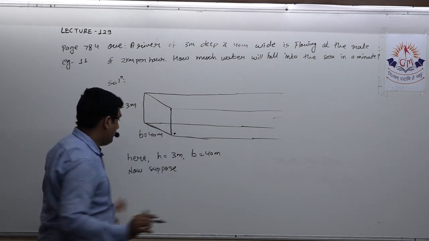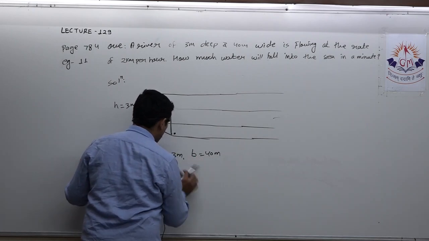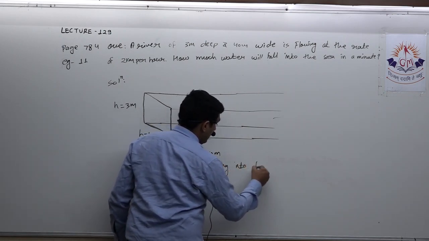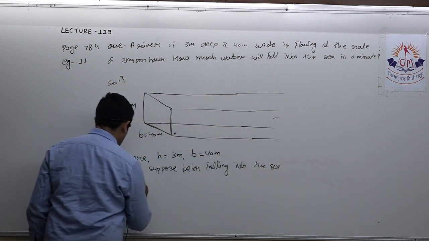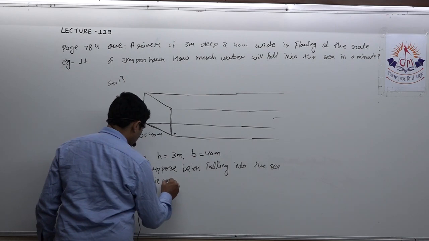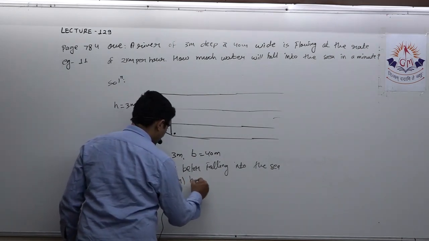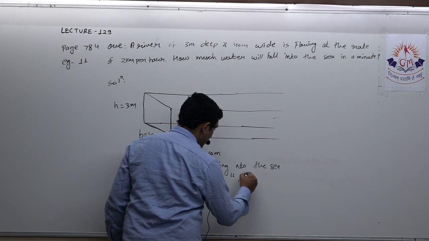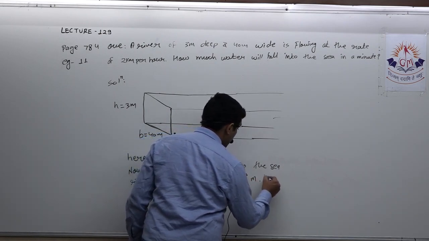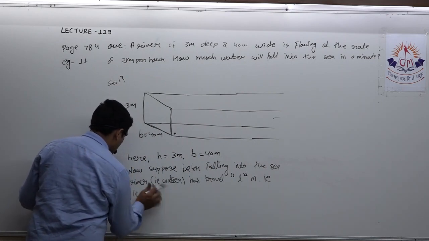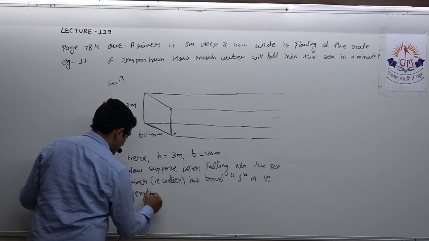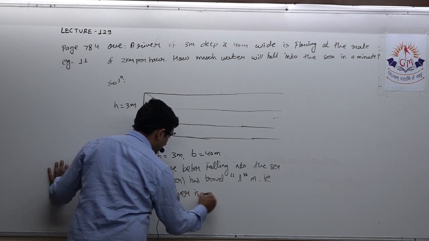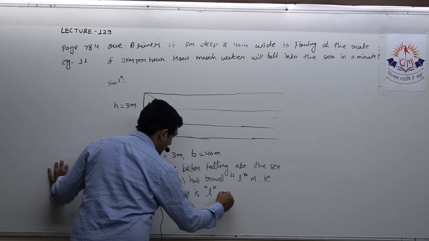Now suppose before falling into the sea, the river, that is water, has to travel L meters, that is, the length of the river is L meters.